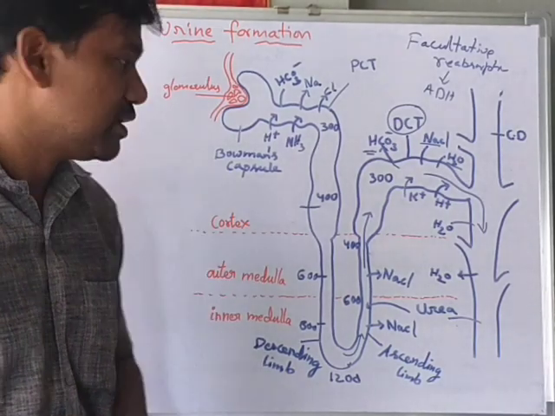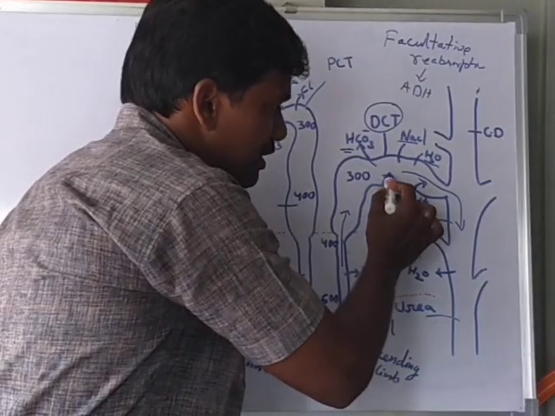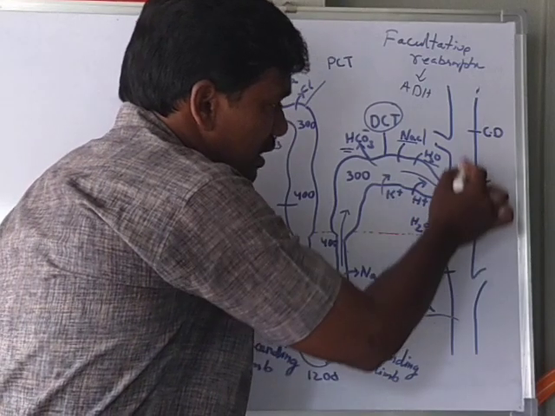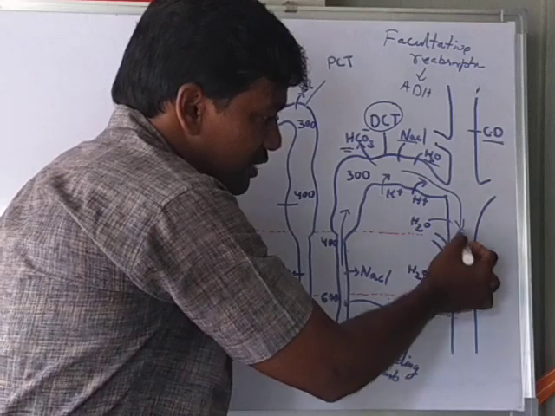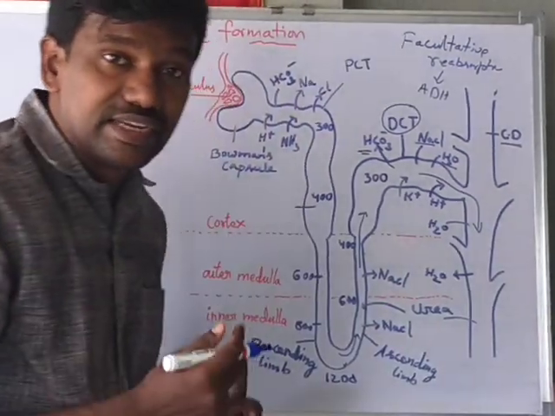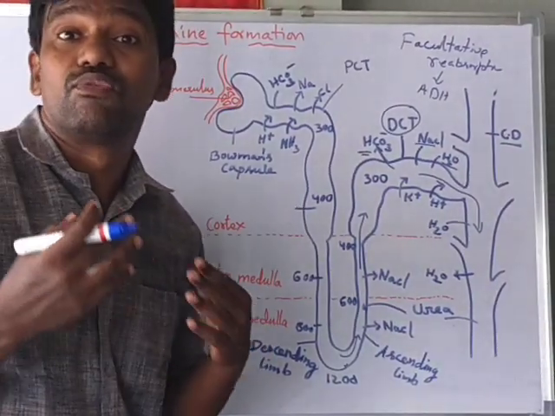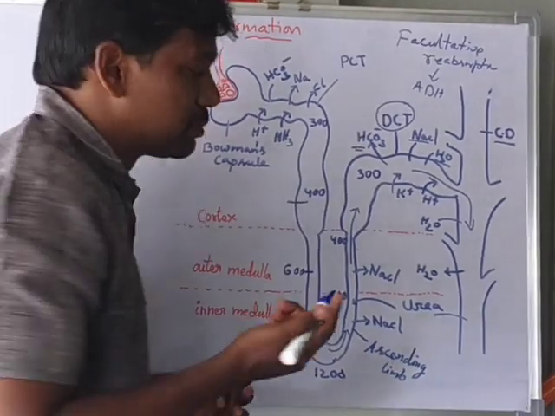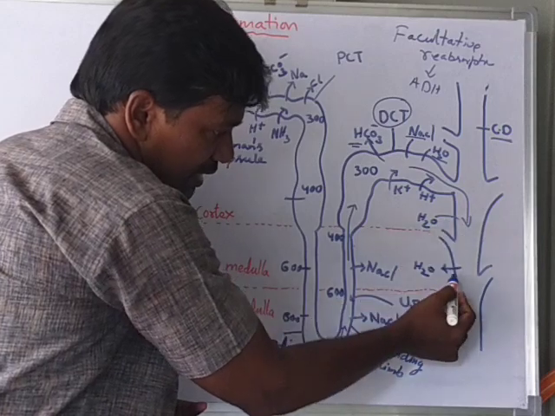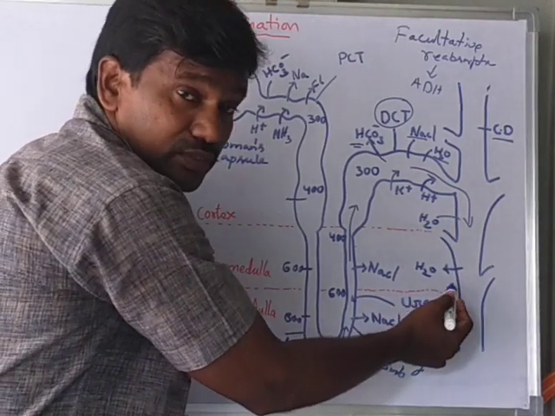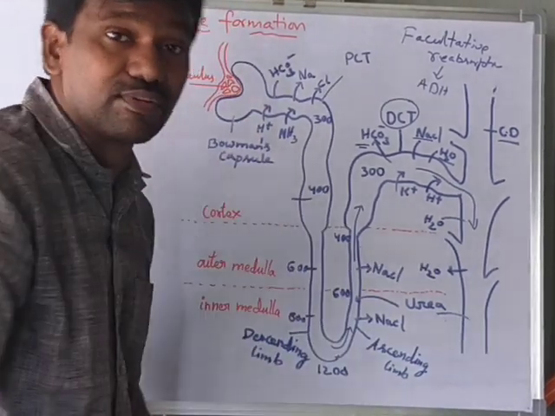When the renal fluid comes into the collecting duct, CD, a considerable amount of water will be reabsorbed into the interstitial fluid.